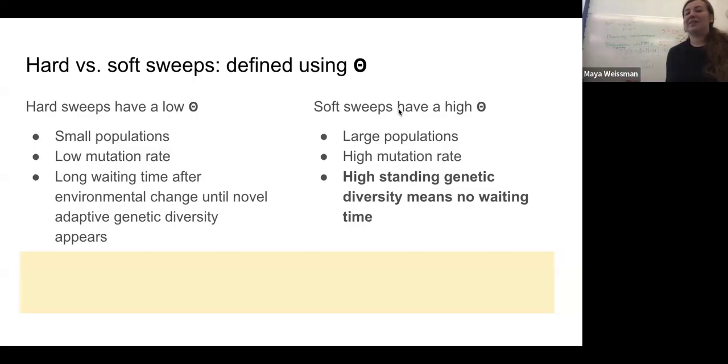Soft sweeps, on the other hand, have a higher theta, which means either you have a large population size, lots of individuals to happen upon a mutation, or a high mutation rate, a high probability that any one individual has that new mutation. And it also tends to be that soft sweeps come from populations that have higher standing genetic diversity before a sweep.